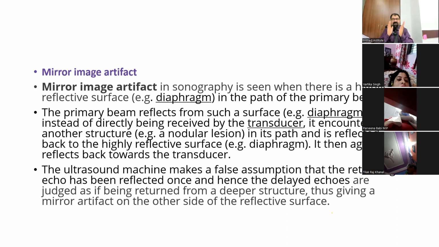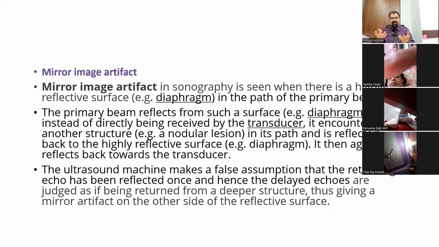I will be seeing first the mirror of the image. That is what is written over here. Mirror image artifact. I will be seeing, for example, a liver, and I will be seeing one more liver, but that is not actually a liver. That is the mirror image of that liver.